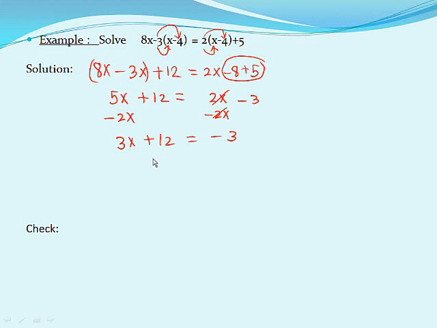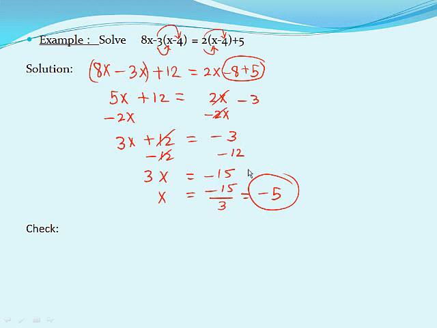So now we can subtract 12 from both sides, getting the equation as 3x equal to negative 15. So to get the x, we need to divide both sides by 3. So getting negative 15 over 3. So the answer will be negative 5.